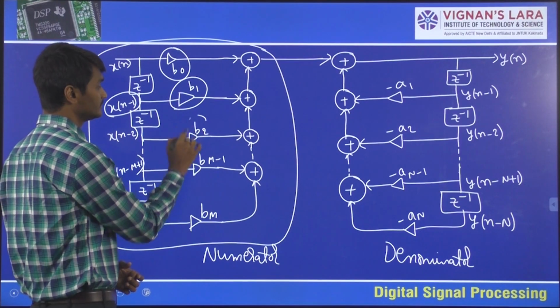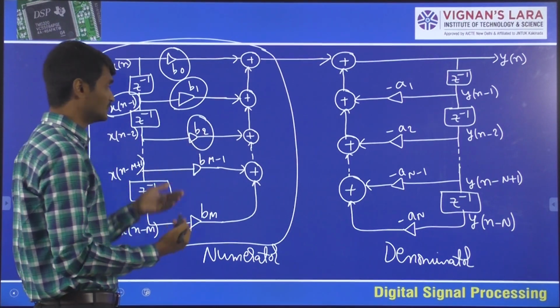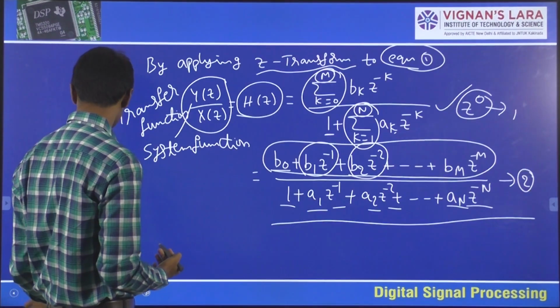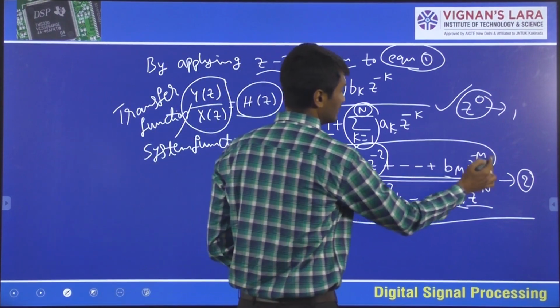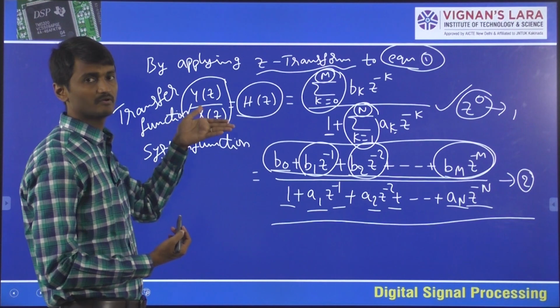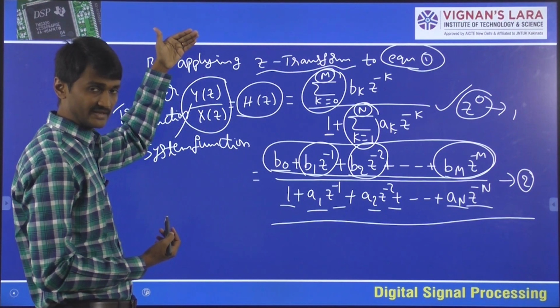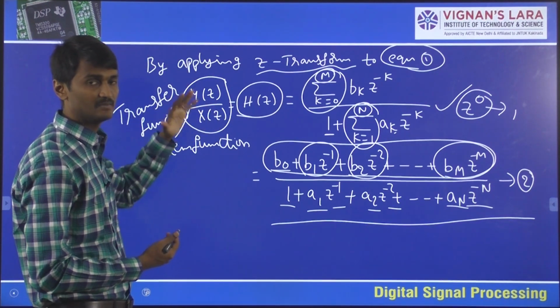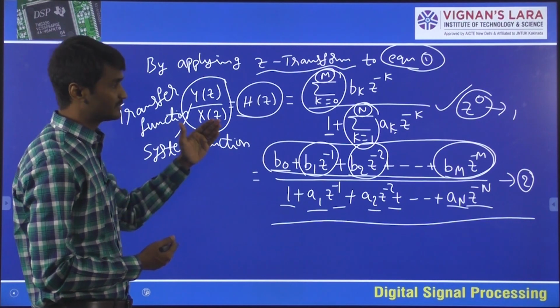So b2 into z power minus 2 and so on, bm z power minus m. So the final delay element will be z power minus m. So m delay elements are used. Okay, z power minus m.